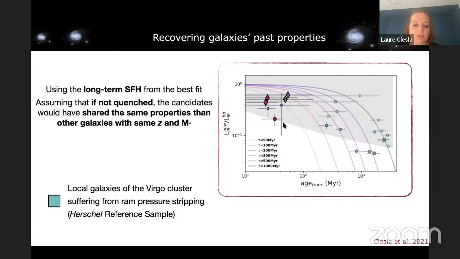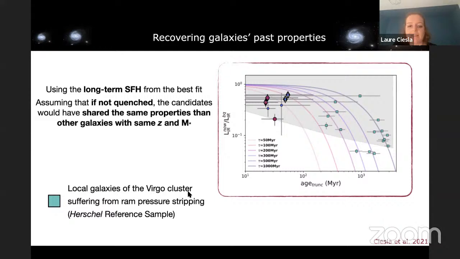But as a fiducial sample, we use galaxies from the Virgo cluster. And I told you in the introduction that some galaxies were suffering ram pressure stripping because of the impact of the intracluster medium that was stripping the gas out of the galaxy, and this was causing a rapid quenching. So this is a typical sample from the Herschel Reference Survey that we know very well.